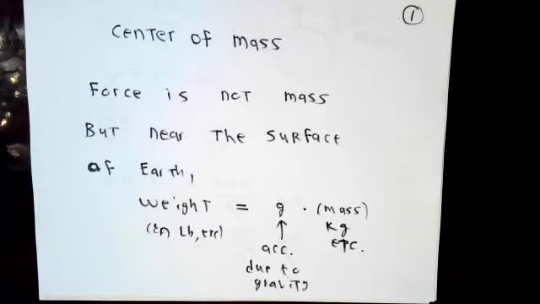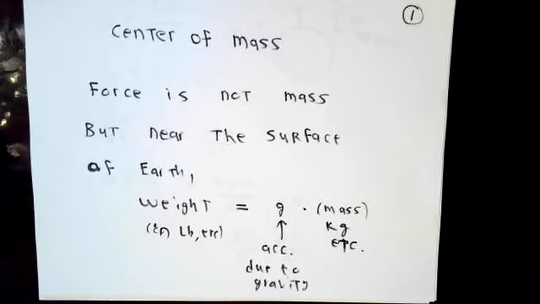Before we actually get going on that, force is not mass, as we've said before, but if you're near the surface of the Earth, weight, which is the force due to gravity, which is measured in pounds or whichever system of measurements you're using, is the acceleration due to gravity times the mass, which is in kilograms or whatever units you're using. As long as you stay relatively close to the surface of the Earth, the g is roughly constant.